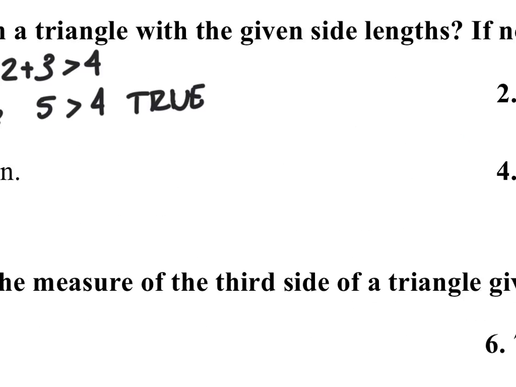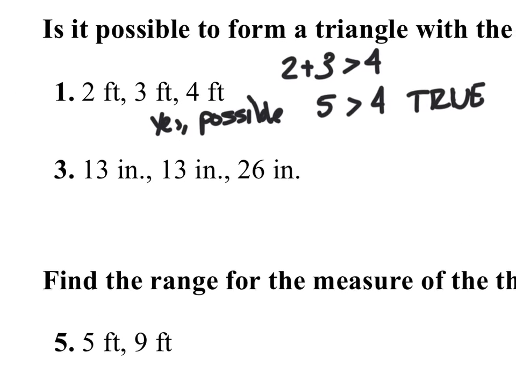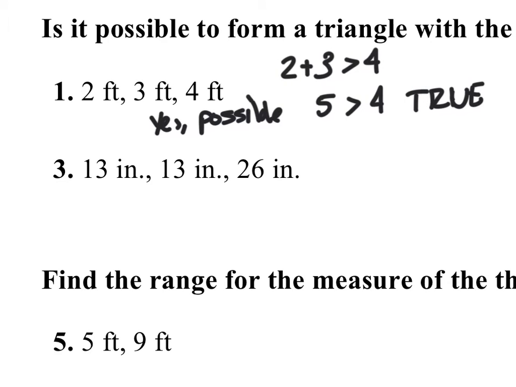Let's take a look at number 3. This one has side lengths of 13, 13, and 26. Let's see if I add these two together, if they're going to be larger than 26. If I take 13 plus 13, are we strictly greater than 26? The answer is no. 26 is not greater than 26. 26 is equivalent to 26. These are equal.